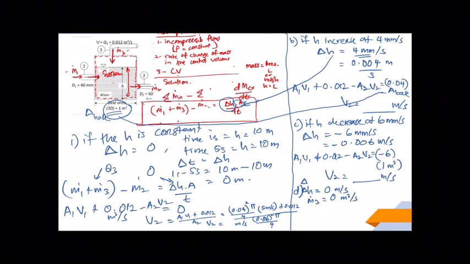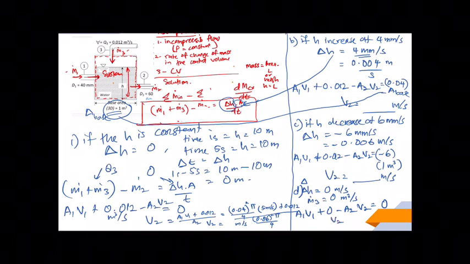You don't need 0.012 in the equation anymore. So A1 V1 plus 0, because m dot 3 is 0, minus A2 V2 equal to what? Equal to 0 again, because delta H is constant. Then you can simply get V2 equal to A1 V1 divided by A2, in meter per second.